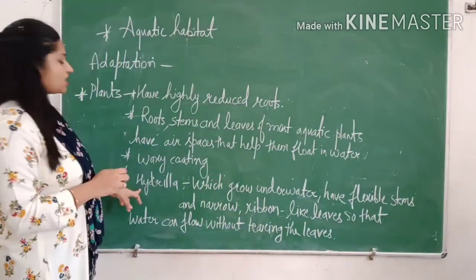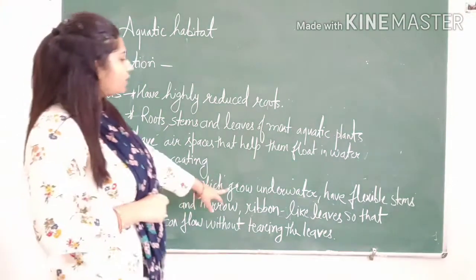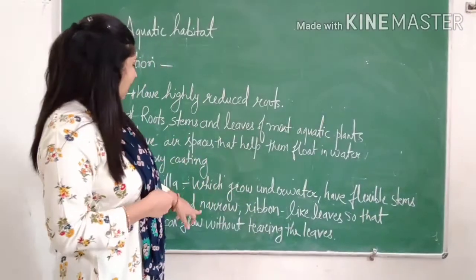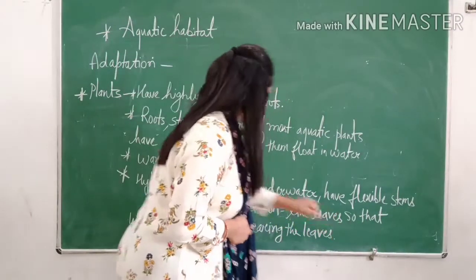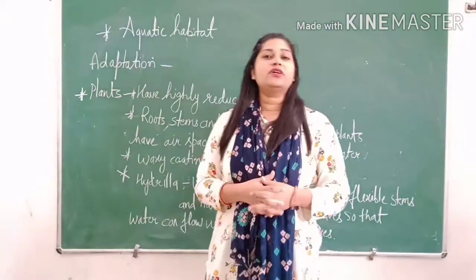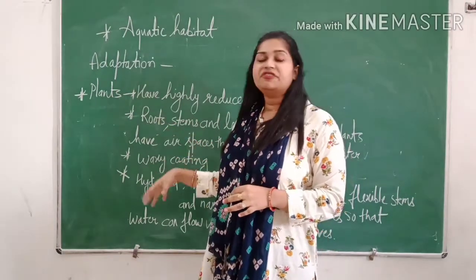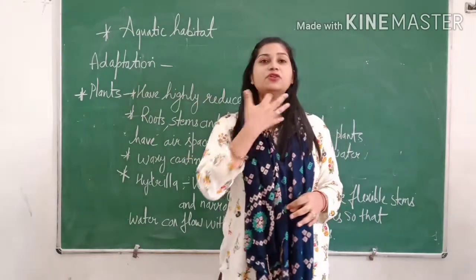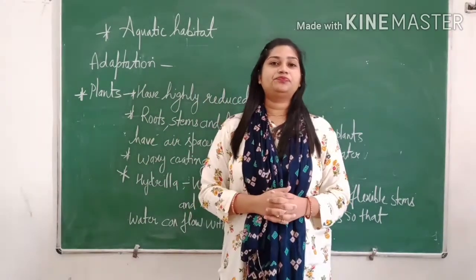Next, some plants, like hydrilla, which grow underwater, have flexible stems and narrow ribbon-like leaves, so that water can easily flow without tearing the leaves. So these are some of the common features with which aquatic plants are able to survive in this kind of habitat.